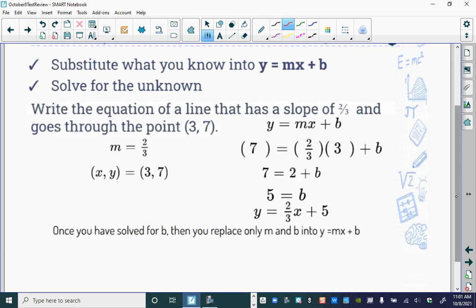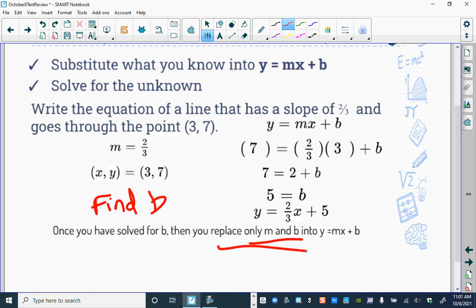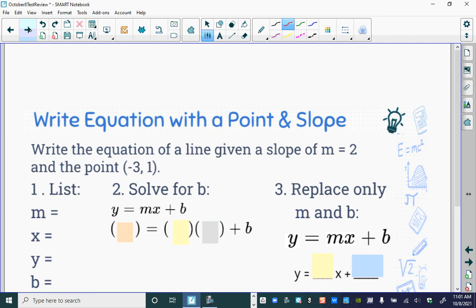You solve for b first, and then you replace only m and b. You've kind of done that a little bit. This is just in general. But I do want to talk about maybe one problem like this, or a perpendicular or parallel line problem. I know we have about 10 minutes, so I'm going to try to gun it as fast as we can.